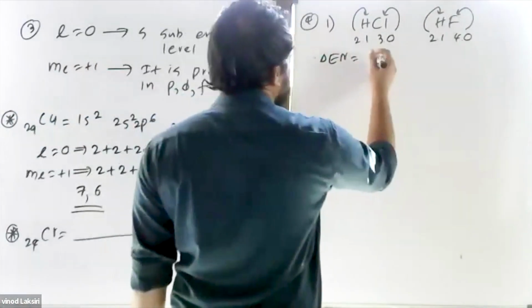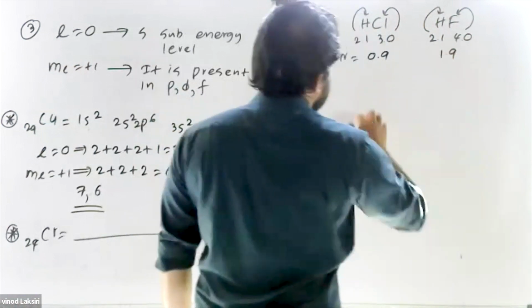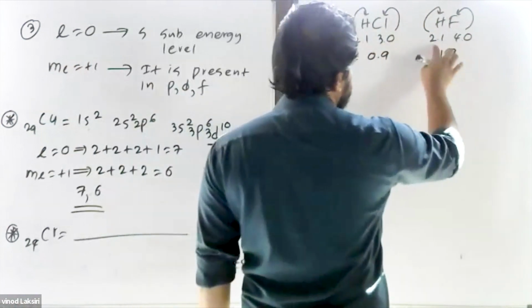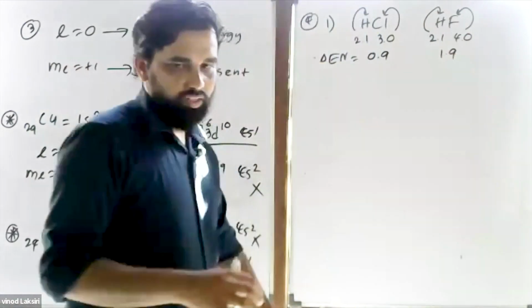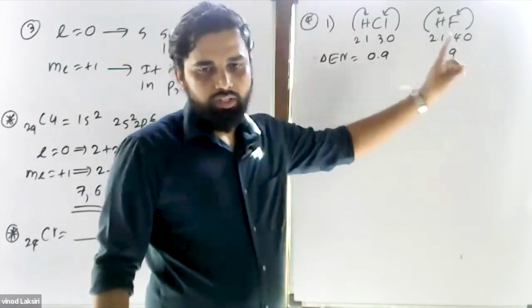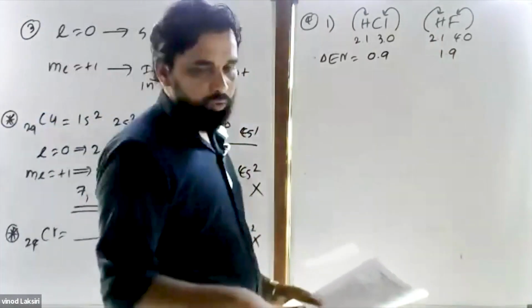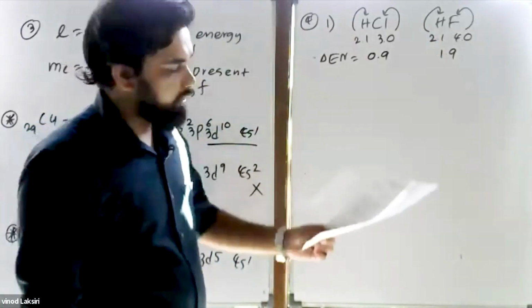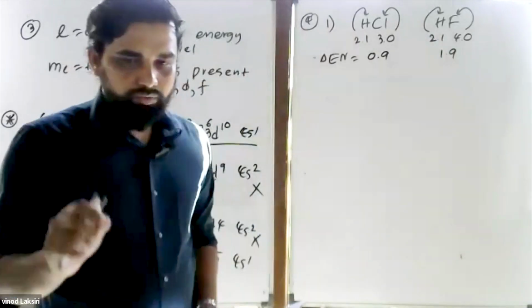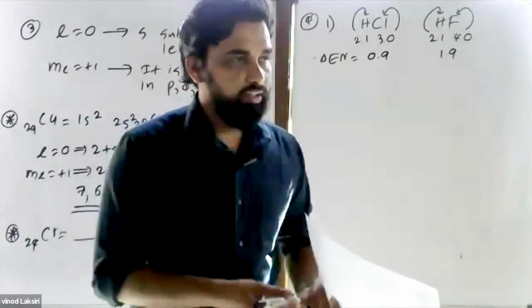What is the difference? 0.9. Here what is the difference? 1.9. 3 minus 2.1, 4 minus 2.1, 1.9 is the difference, right? So therefore, HF has a higher electronegativity difference. Therefore, HF has a higher dipole moment than HCl. You understand, right?